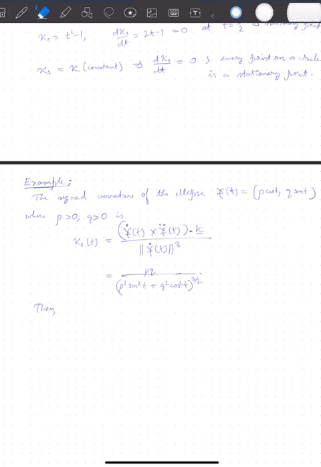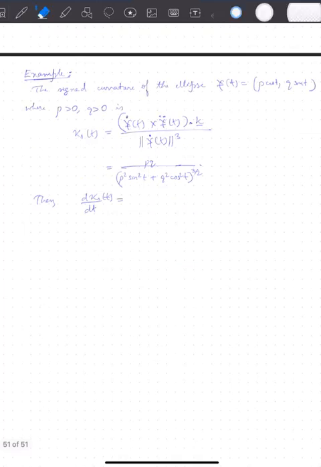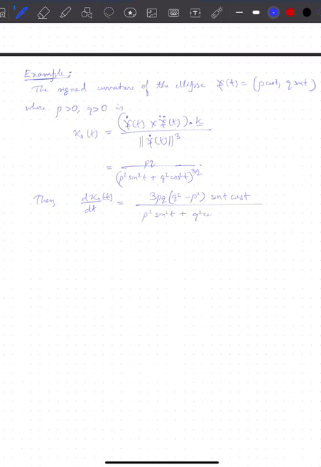Then d kappa_s by dt is equal to 3pq (q squared minus p squared) sin t cos t divided by (p squared sin squared t plus q squared cos squared t) to the power 5 by 2.